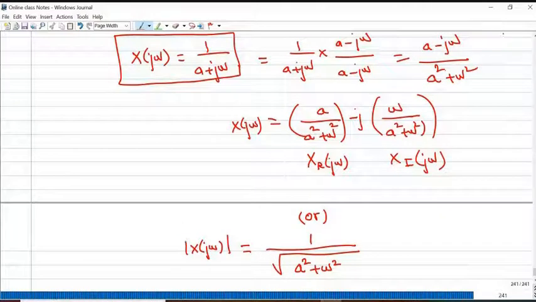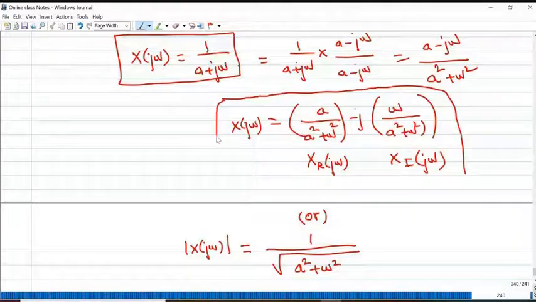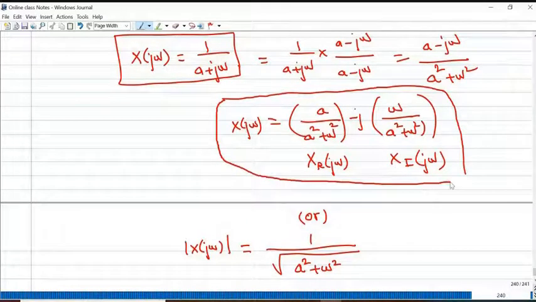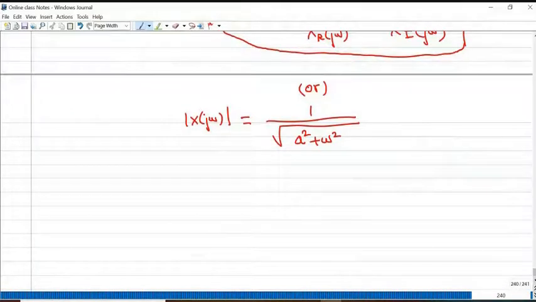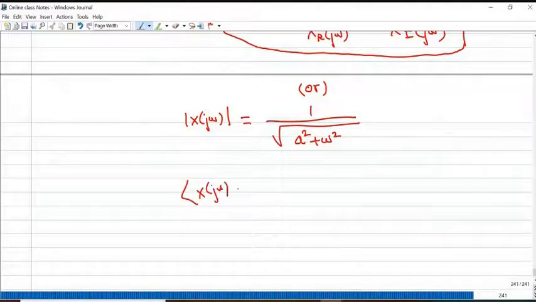Or you can use the general formula with the help of the X of j omega term. Whichever is convenient for you, you can use it. In the textbook, they solve directly for 1 divided by a plus j omega. Angle of X of j omega is minus tan inverse of omega by a, because 1 divided by a plus j omega term is there, so we put minus.